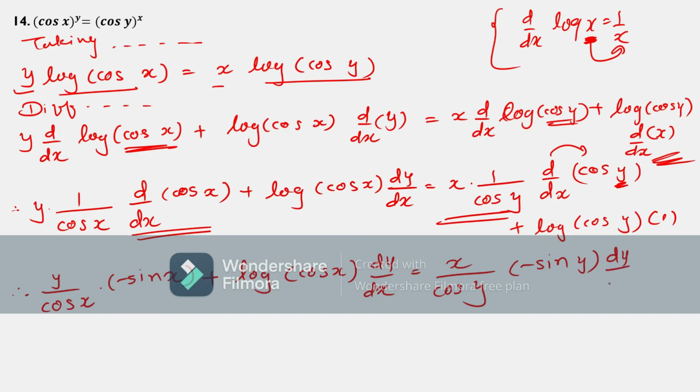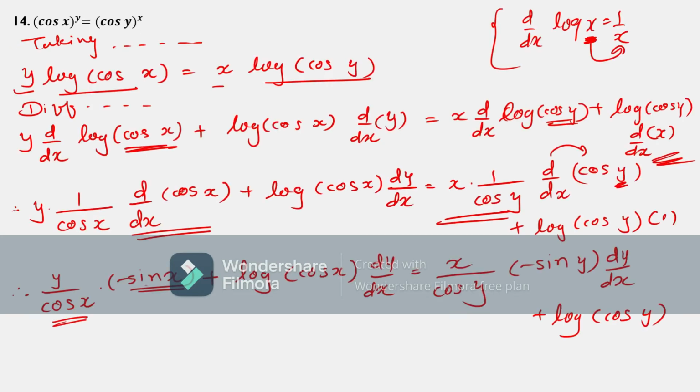So dy by dx needs to be done, chain rule again, plus log of cos y. Let us solve now. Solving meaning, we'll do the simplification. As we know, sin x by cos x, I can write tan x. So it is minus tan x because minus sin x is there. So minus y tan x.